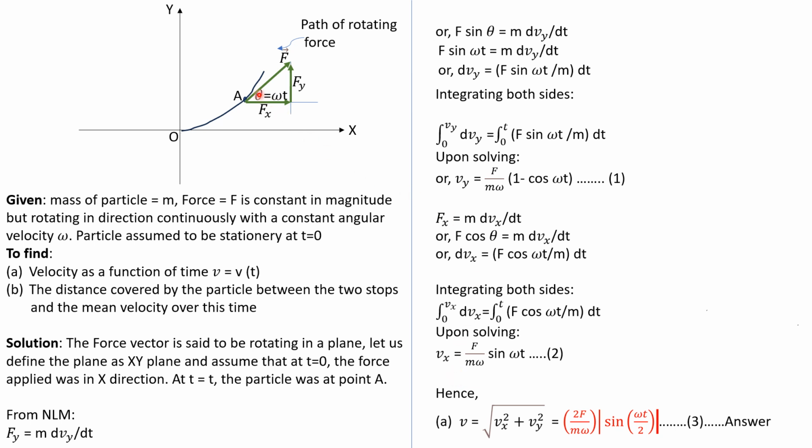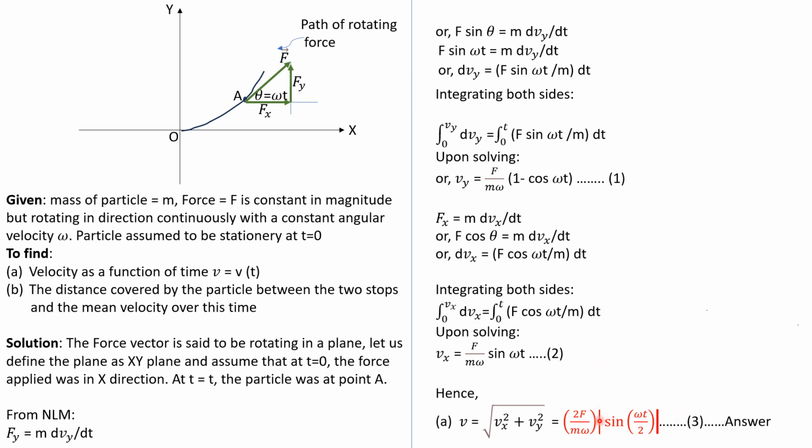To obtain the absolute velocity at A, we know that V is equal to the square root of Vx squared plus Vy squared. Since V is the magnitude, it has to be all the time positive. After putting the values of Vx and Vy from equations 1 and 2, we come to this result: V = 2F by m omega, in modulus, sin omega t by 2.